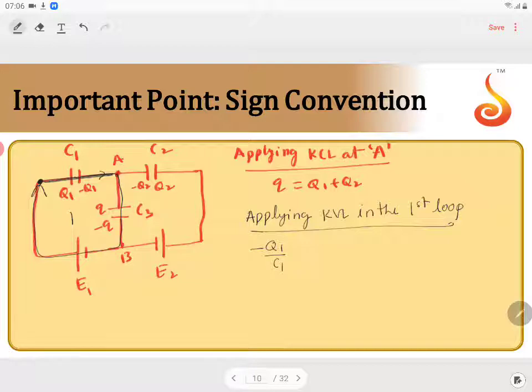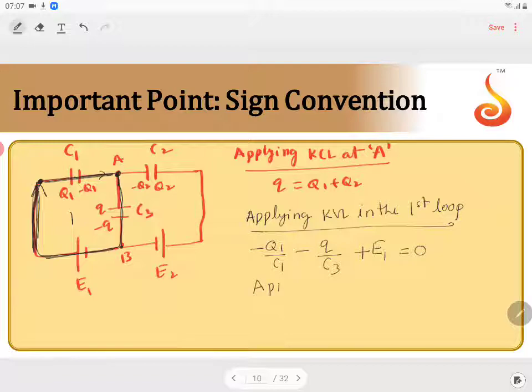I am here now at the point A. Now go from A to B. What is the potential difference across this capacitor? I am going from positive plate to negative plate, so minus Q by C3. Here to here, there is an increase in the potential, so plus E1. Here to here, no potential drop. This is a connecting wire, so equal to 0. This is how you have to apply KVL.